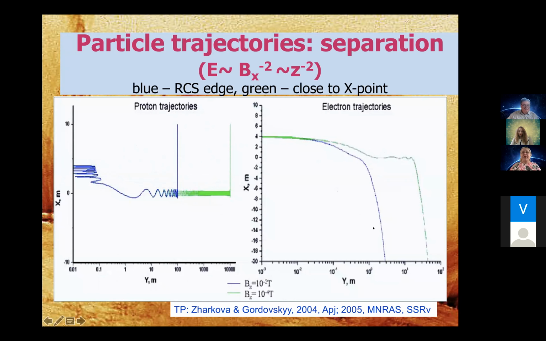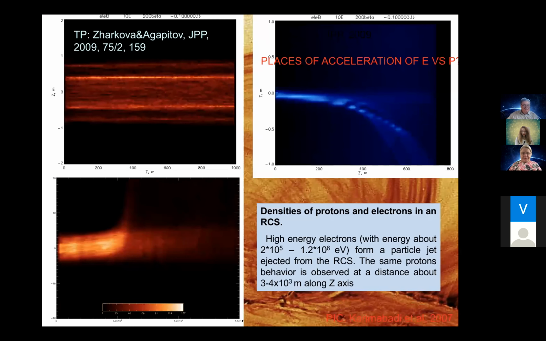There is a separation of electrons from protons and ions. Also, particles gain more energy closer to the X null point and much less energy further from it, which naturally leads to a power law distribution in the energy spectra, as shown by Zharkova and Gordovsky in the 2004 Astrophysical Journal, and two papers on the power spectra in 2005 in Monthly Notices and Space Science Reviews.